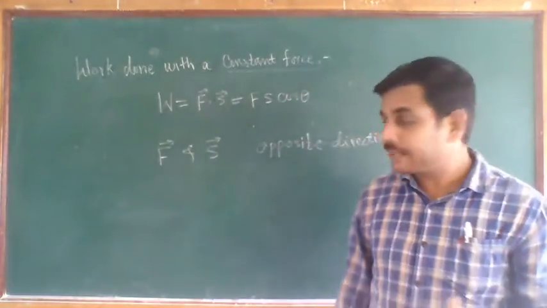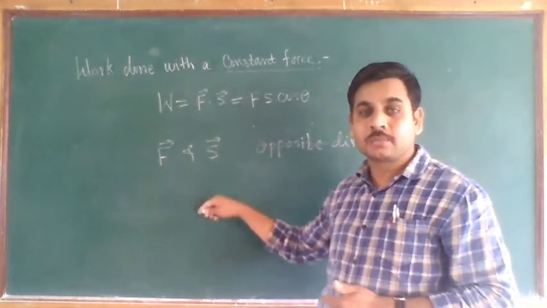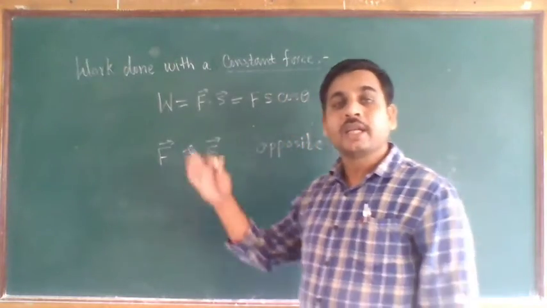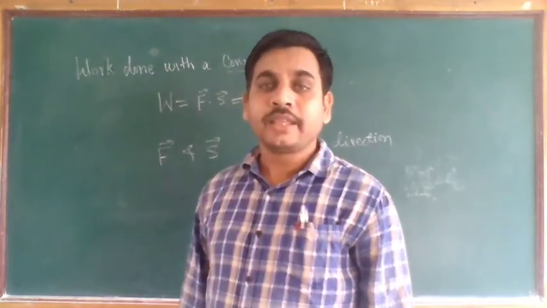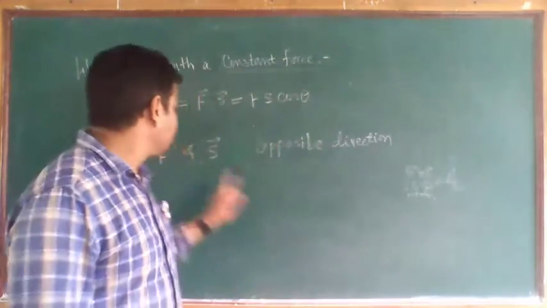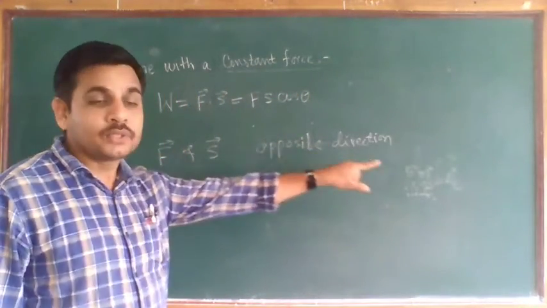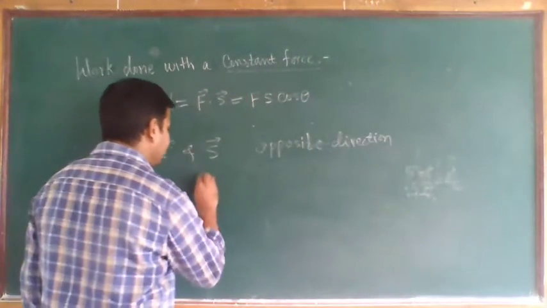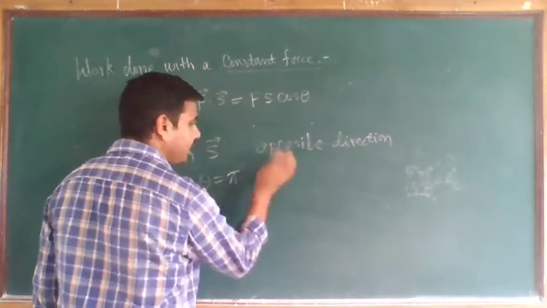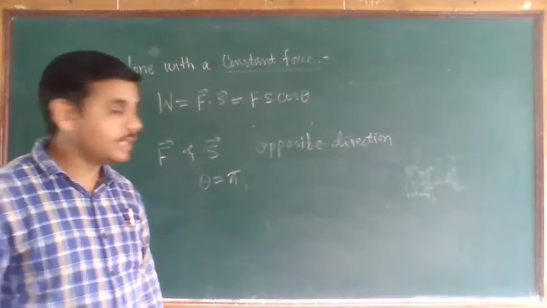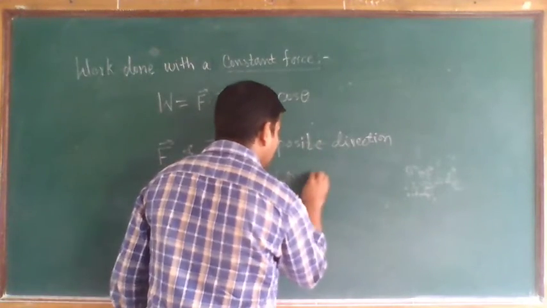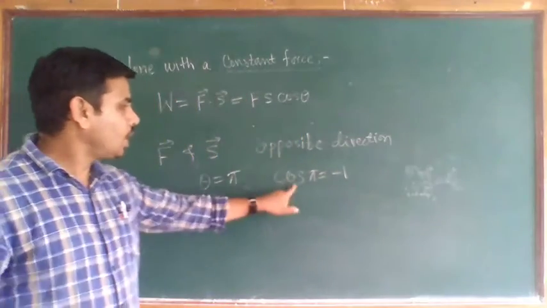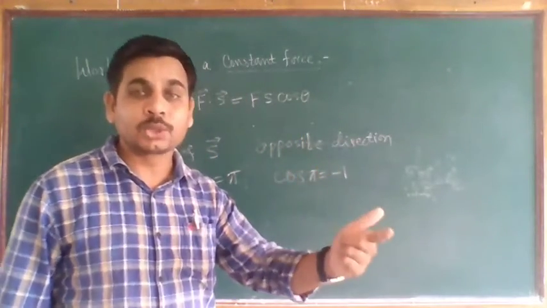In the second case, force and displacement are perpendicular, and the total work done is 0. Now the third case, force and displacement in the opposite direction. Here theta is pi, or 180 degrees, and cos pi is minus 1.